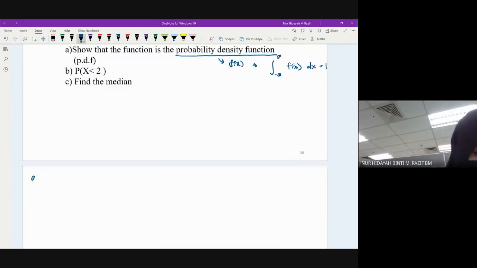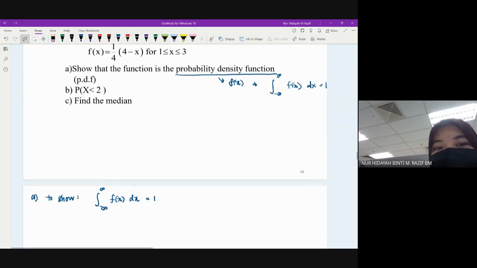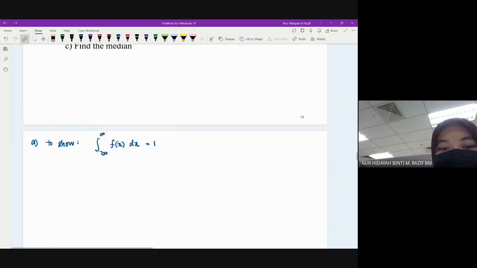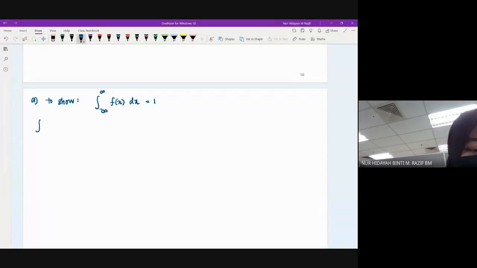So kita jawab sahaja di sini untuk soalan A to show, apa yang kita akan buat adalah integral from negative infinity to infinity of fx dx, that should be equal to 1. So fx kita di sini adalah 1 over 4 times 4 minus x. Okay, so kita boleh tulis kat sini, left hand side negative infinity of fx dx.